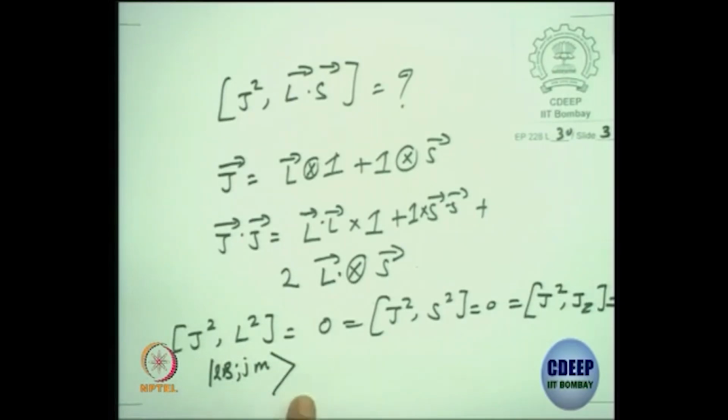So this is a simultaneous eigenstate of L squared, S squared, J squared and Jz.